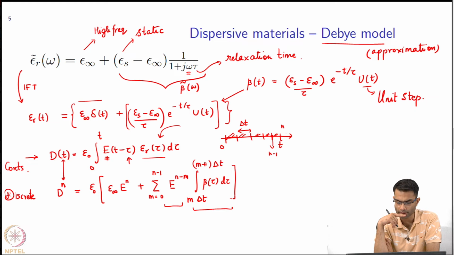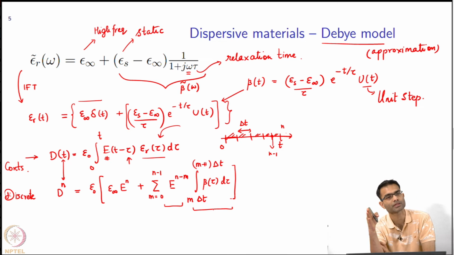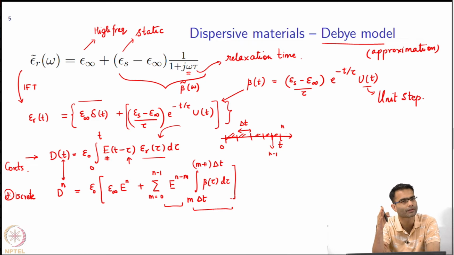Why should E be constant from 0 to n? I am calculating E at every time instant of the cell, right. So, I have a record of E, and this integral needs me to have, look at the continuous case convolution integral. It needs E of t minus tau, and tau is varying from 0 to t.